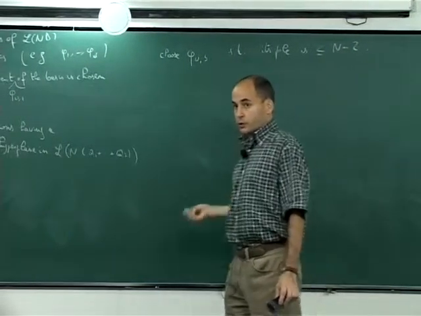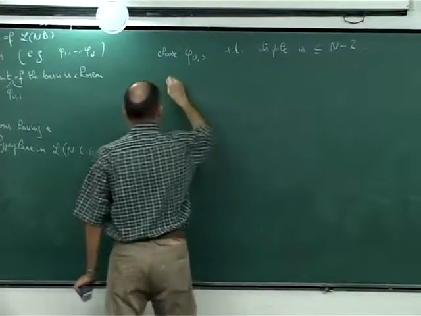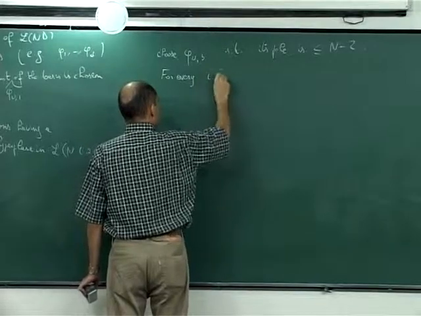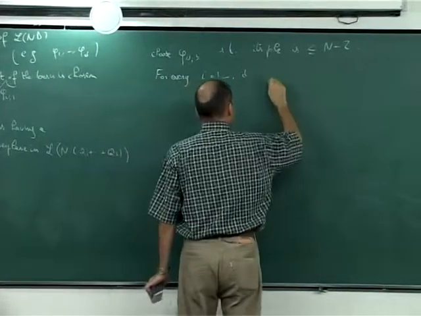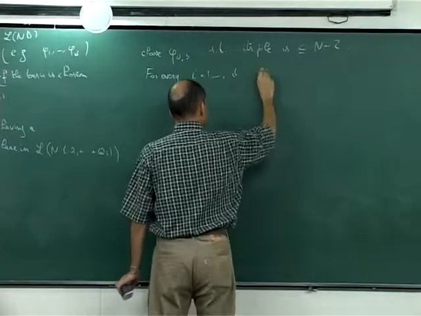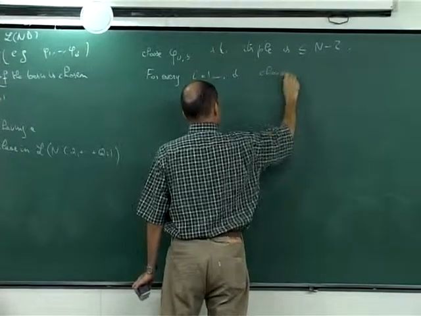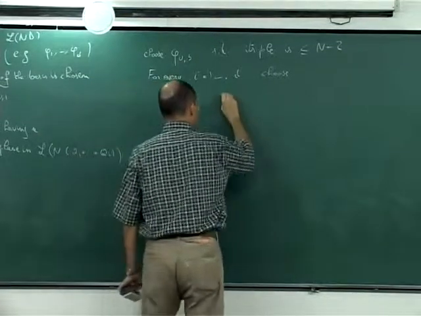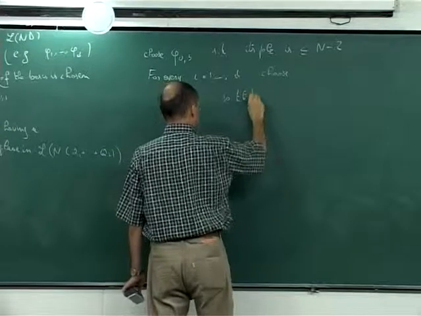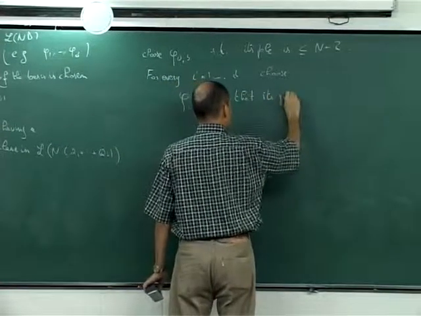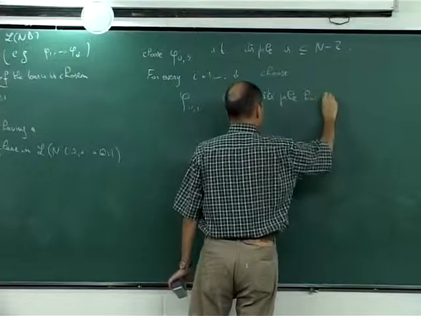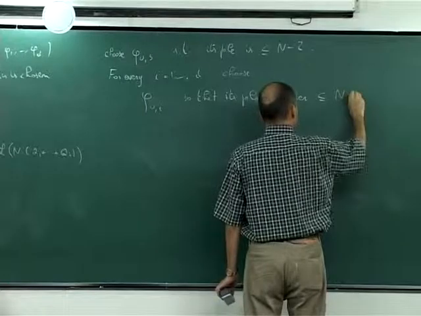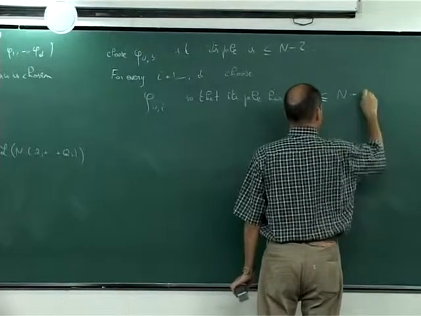And so I can go on, and for every I from 1 to d, choose phi nu I so that its pole has order at most n minus I plus 1.